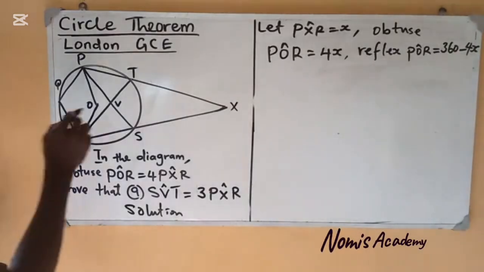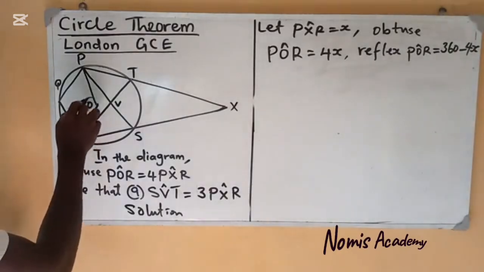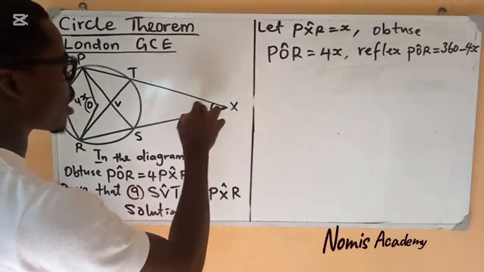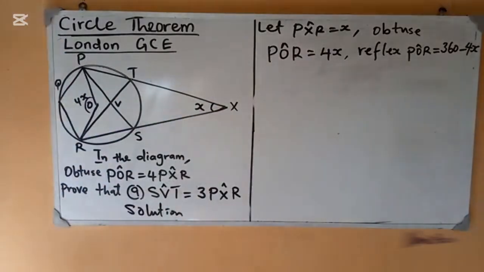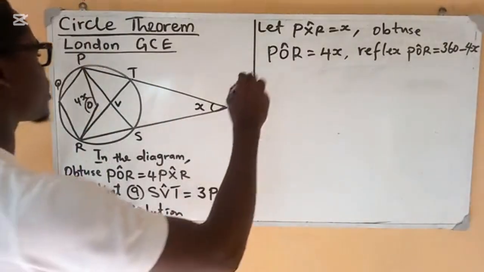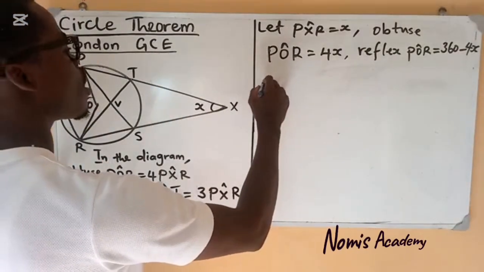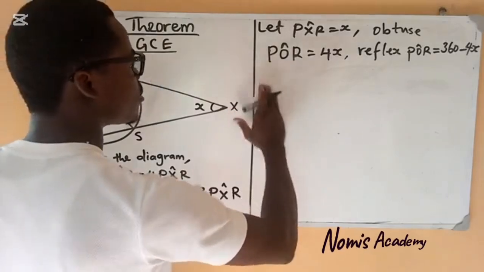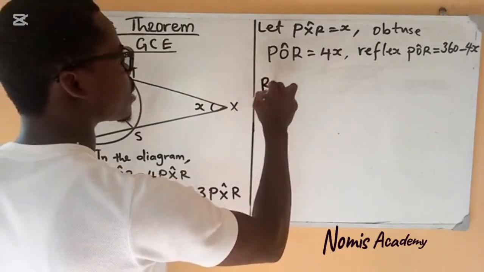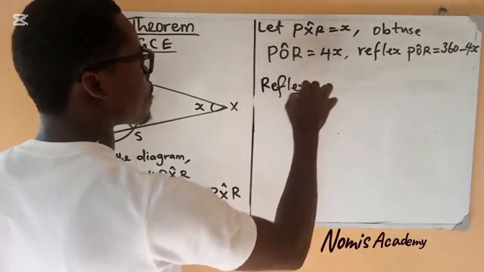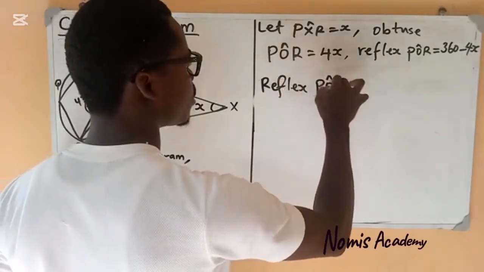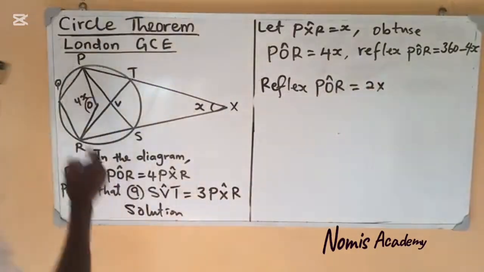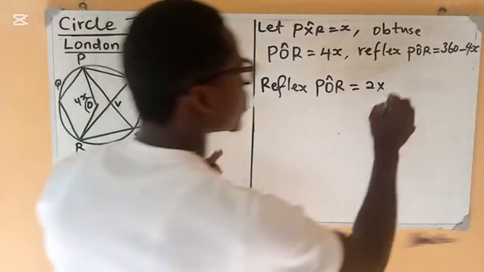So this particular angle is 4x, and this angle here is x. You agree with me that the reflex POR is equal to 2 of PQR.